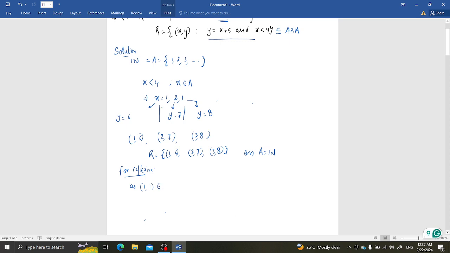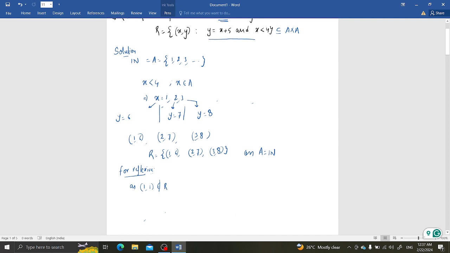It's your choice: you can write (1, 1), (2, 2), (3, 3) or (4, 4), because for reflexivity, if at least one element of A is not related to itself, then we can imply R is not reflexive.